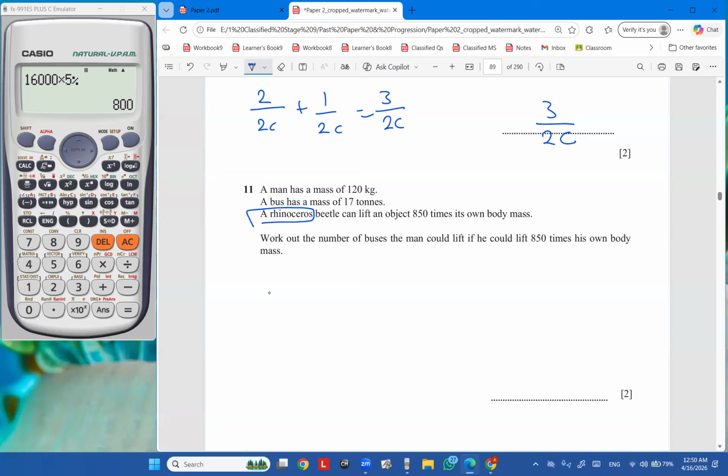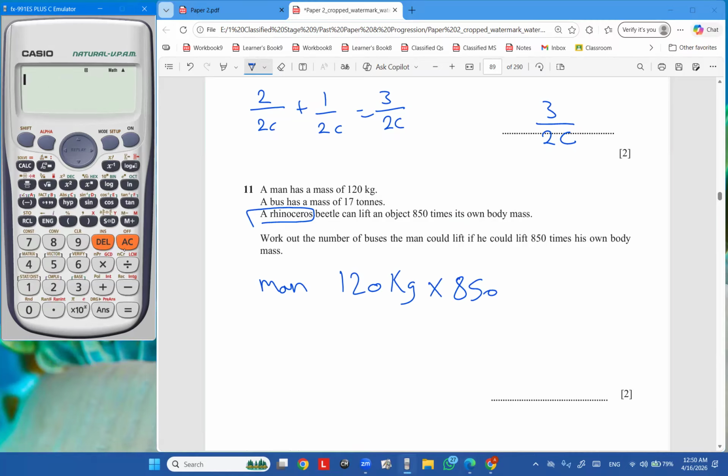All right, the man is actually 120 kilograms. If he can lift 850 times of his own body mass, then I'm going to multiply this by 850. So it is 850 multiplied by 120, which is 102,000 kilograms.